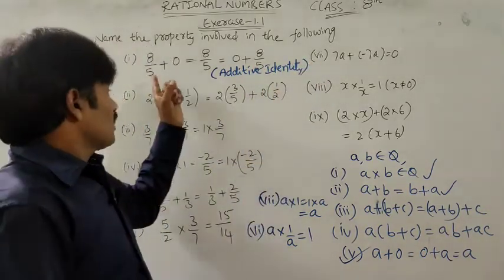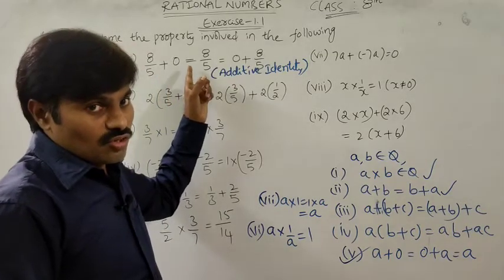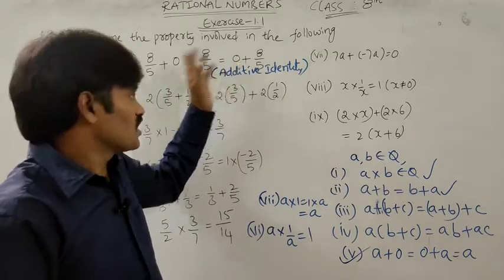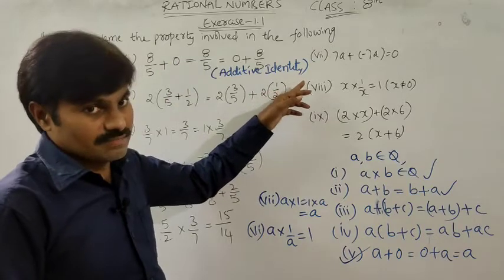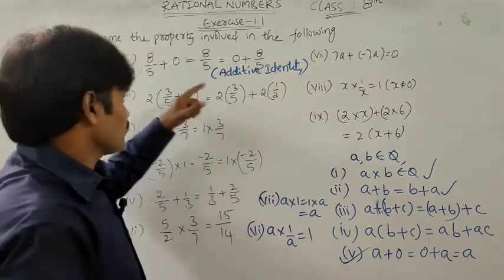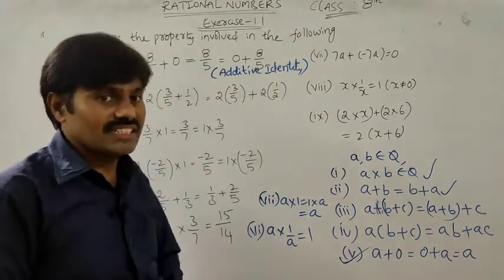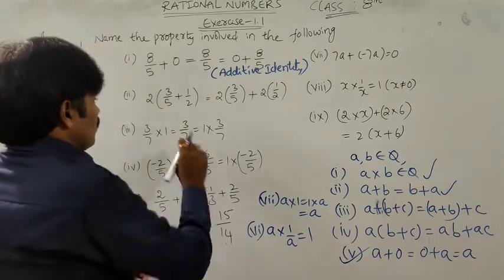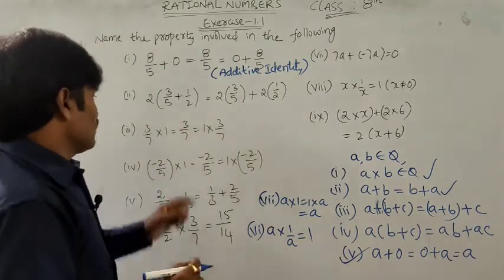If we add any number to 0, we get the same number. So this property is called additive identity, the identity property under addition. Here, what is the additive identity? 0. Okay.